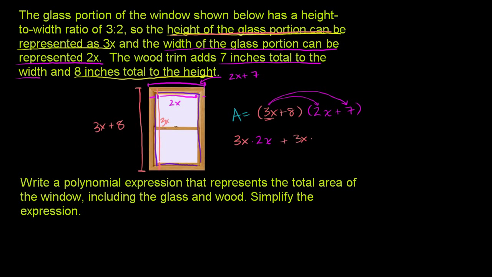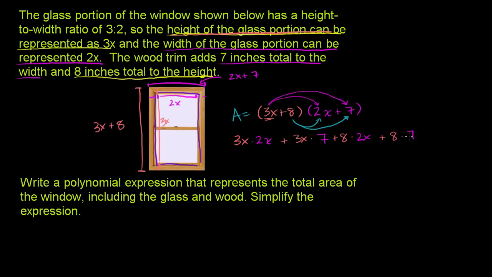And then you want to multiply this 8 times both of these terms. So plus 8 times 2x, and then plus 8 times 7.